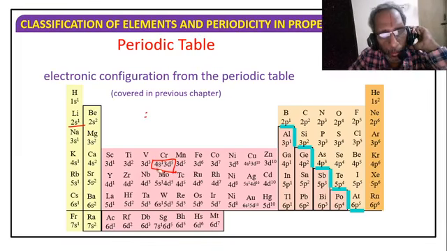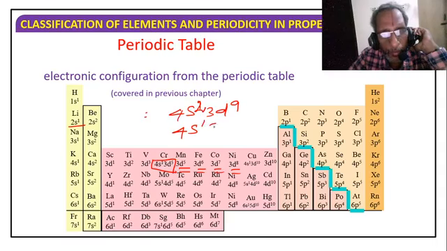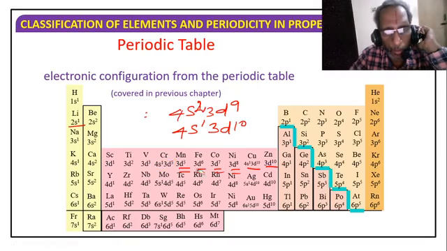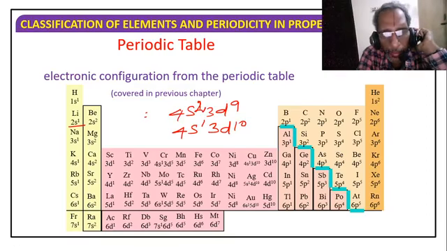So d1, d2, even though d4, it is d5. Then d6, d7, d8. Once again, 4s2 3d9 will rearrange as 4s1 3d10. So the D outermost orbitals go d1, d2, d3, d5, d5, d6, d7, d8, d10, d10. Similarly for the next group.